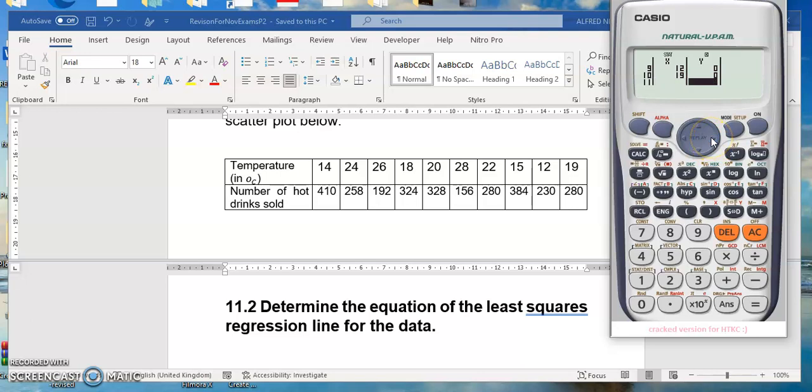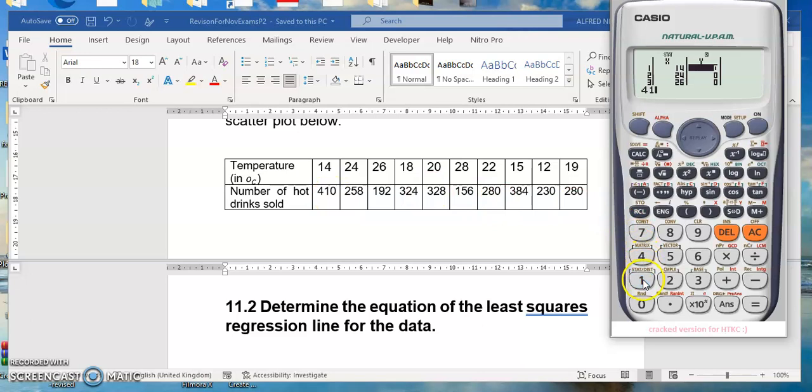Move the cursor to the right and move it up. Make sure it starts at 1. Alright, so 1 corresponds with 14 and 410. So the y value for this data is what, 410.